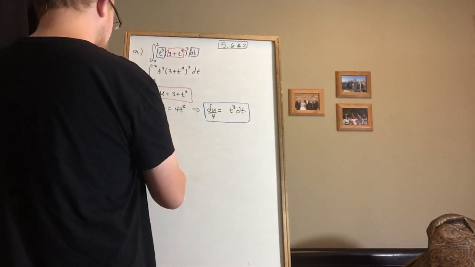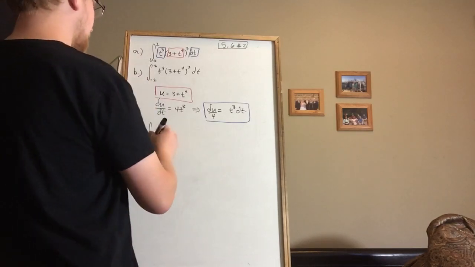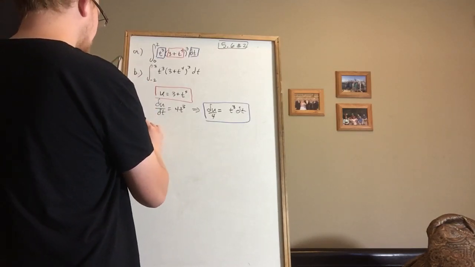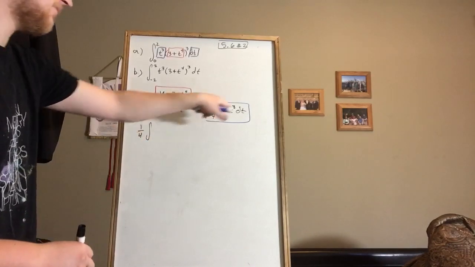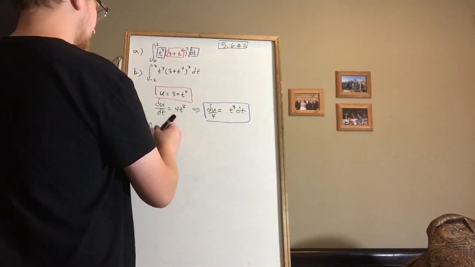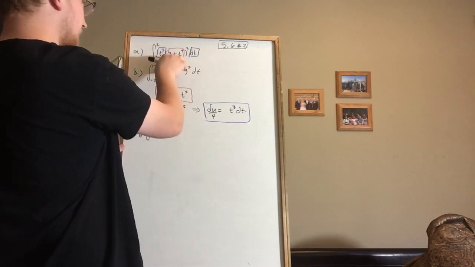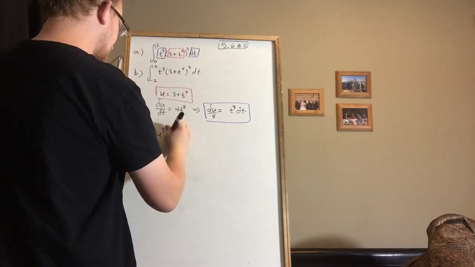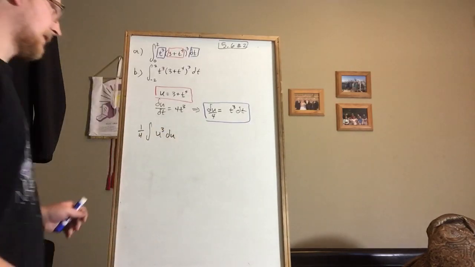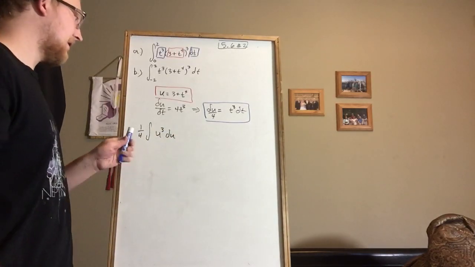So we'll do our substitution now, and we'll find that what we have is 1/4, right, because 1/4 du equals this, u to the 3, because there's our u term to the 3, and then we're going to have du. And so this looks a lot better now.